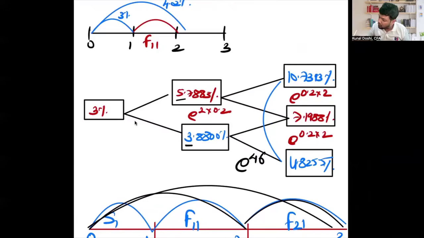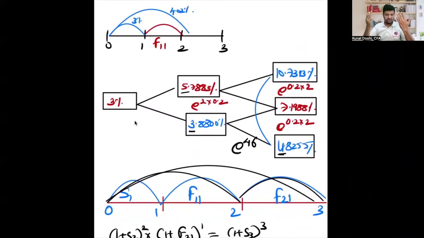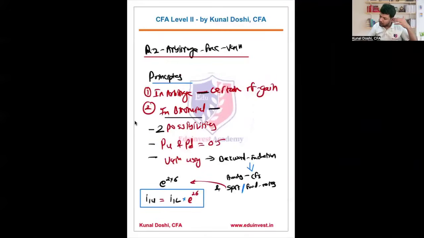But if you want to go from this node to 2 nodes up, you will have to multiply by e to the 2 standard deviation twice. Understood? So that is basically 4 standard deviations. Now don't worry about this. I'm sure when you practice, you will realize this. It is pretty much easier.